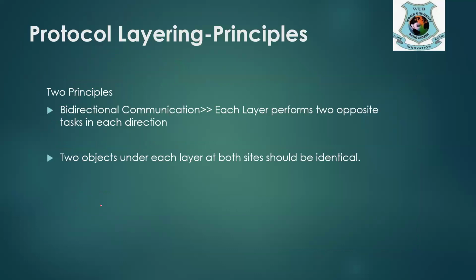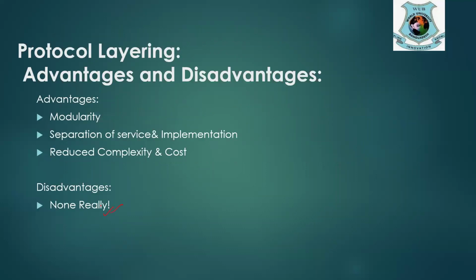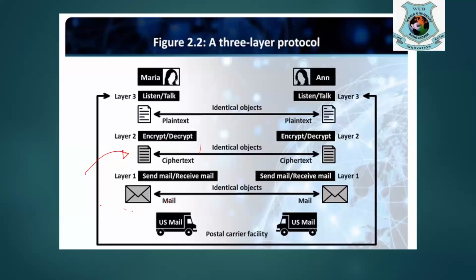Now, protocol layering principles. So in protocol layering, there are two principles. One is bidirectional communication, which means each layer performs two opposite tasks in each direction. It means that each layer does the opposite task in each direction.